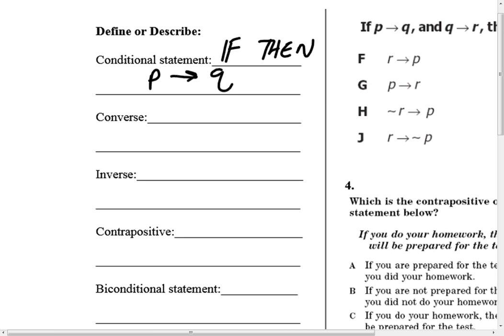We have a variable, then we have an arrow, and then another variable. What do we do when we do the converse? What's our word? Reverse.